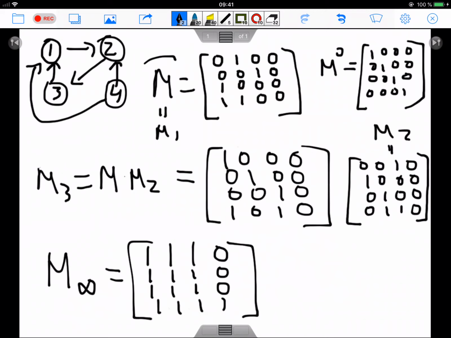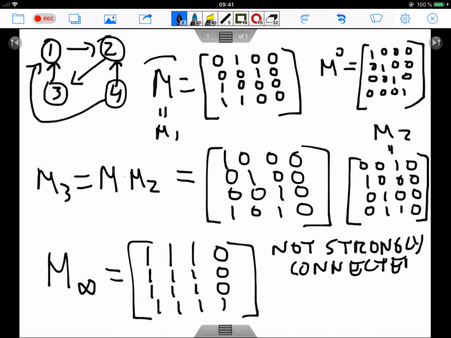Okay, so this is the reachability matrix for this graph, and what we learn from it is, first, that the graph is not strongly connected, because if it were strongly connected, then we should have 1s everywhere.